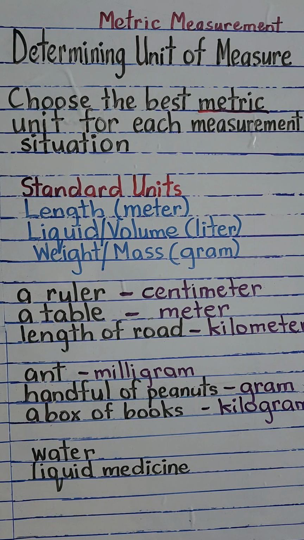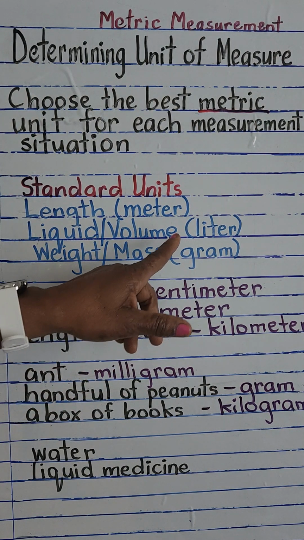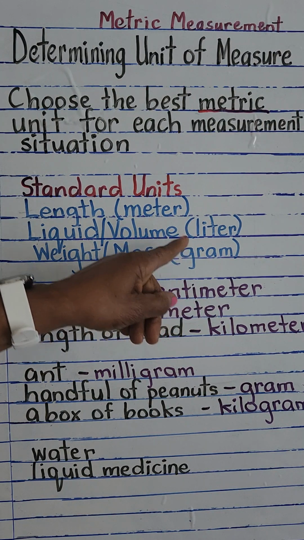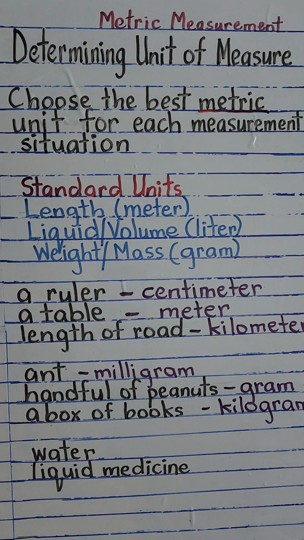Okay, so let's go to the liquid measure, and here the unit of liquid measure depends on the container. So the larger the container, we are going to use a liter. If it is very large, we're going to be using kiloliter.